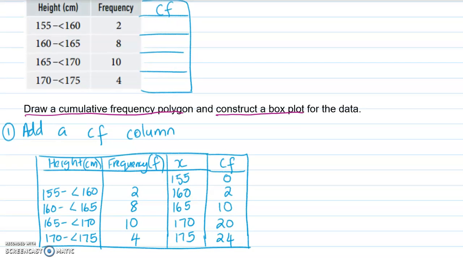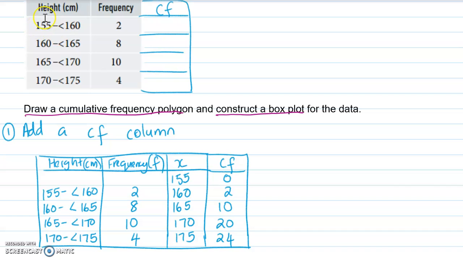So this is another way of making a CF table, a cumulative frequency table, where we've added another column, and what this does is identify the starting and finishing values for each interval.